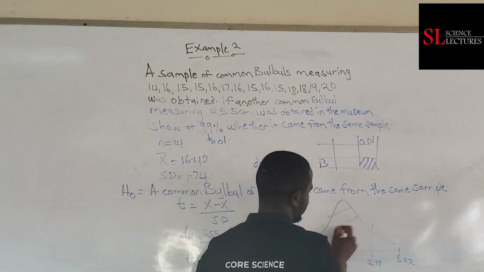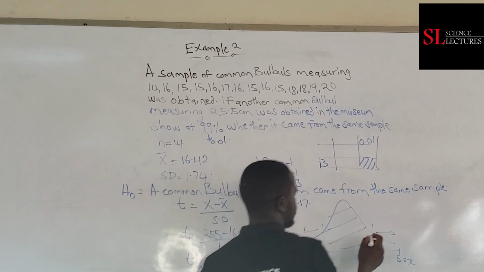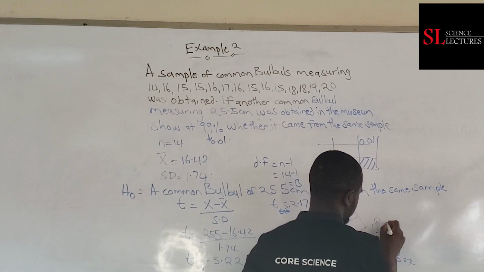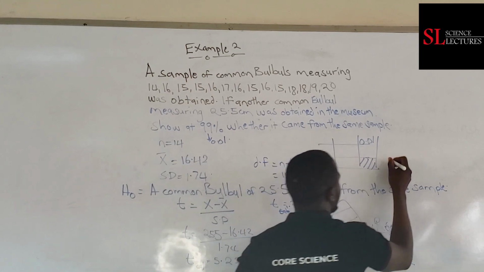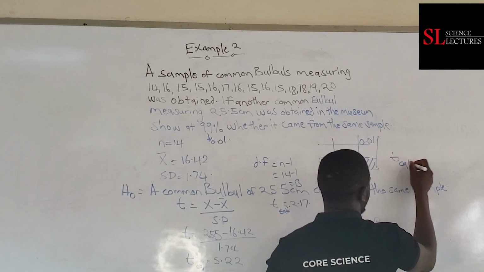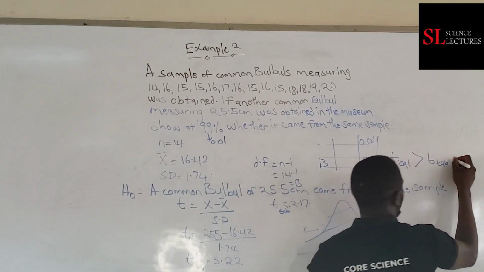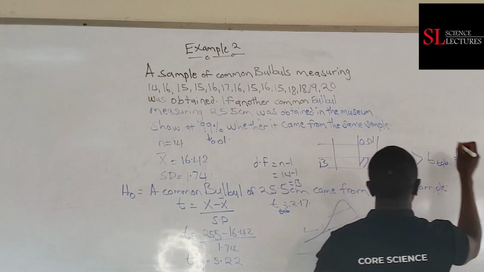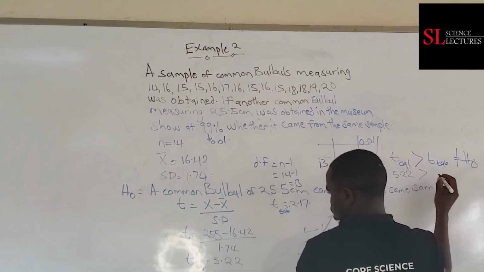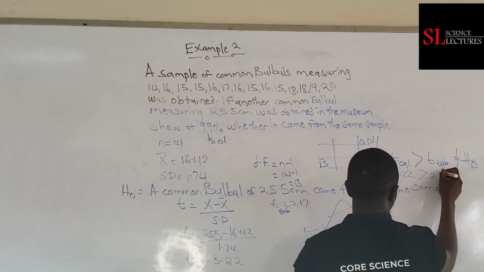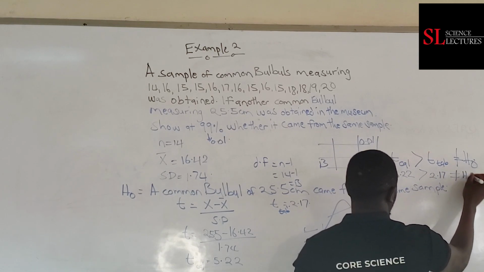We say anything within this region you accept, anything outside this region you reject. Or if you don't want to go through this, whenever our calculated value is greater than our tabulated value, you reject the null hypothesis. I have 5.22 greater than 2.17. Therefore, I reject my null hypothesis.